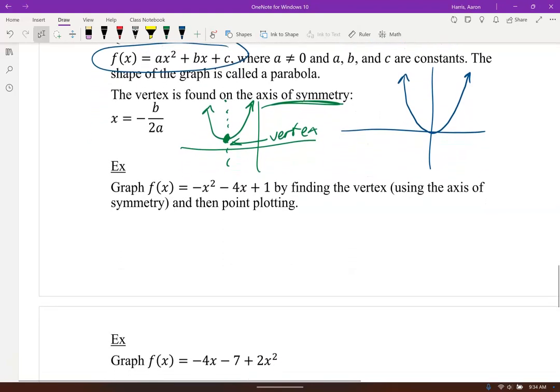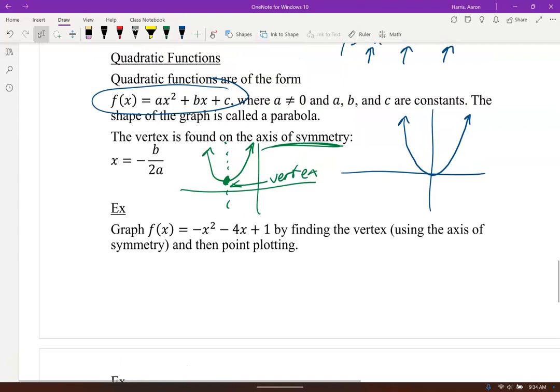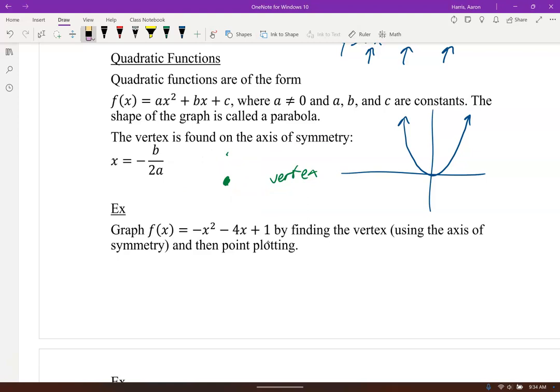Okay. So we're going to go ahead and do this first one here: -x squared minus 4x plus 1, by first finding the vertex, using the axis of symmetry, and then point plotting. Because what you want to do is use that x value first. You want to find the middle of it, and then go on both sides.